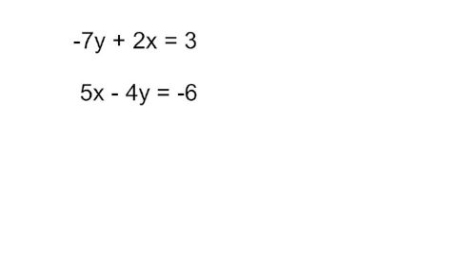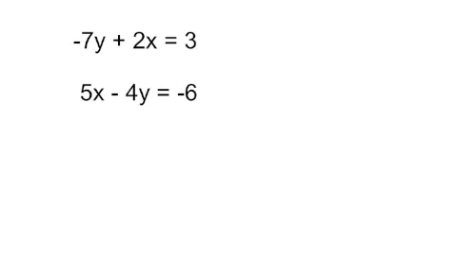Suppose I have negative 7y plus 2x is equal to 3 and 5x minus 4y is equal to negative 6. I want you to look at these two equations. We cannot use the elimination method as of yet. The reason is because we need the x to line up with each other and the y to line up with each other.